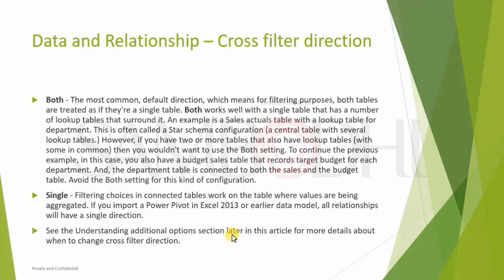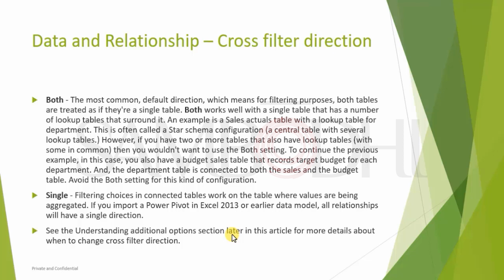An example is a sales actuals table with a lookup table for a department. This often is a star schema. So in the database, you have a star schema wherein one is in the center and all the spokes form the lookups. If you have two or more tables that also have a lookup table with some in common, then you would want to use both settings.